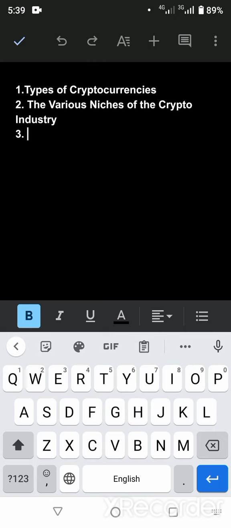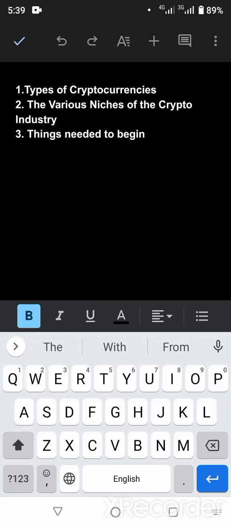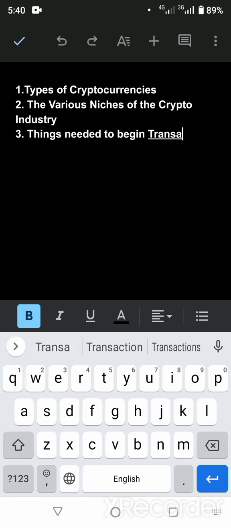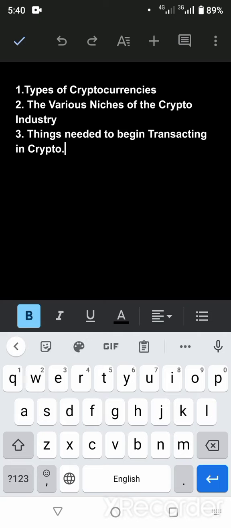And we'll be ending with things needed to begin transacting in crypto. We'll be ending there.